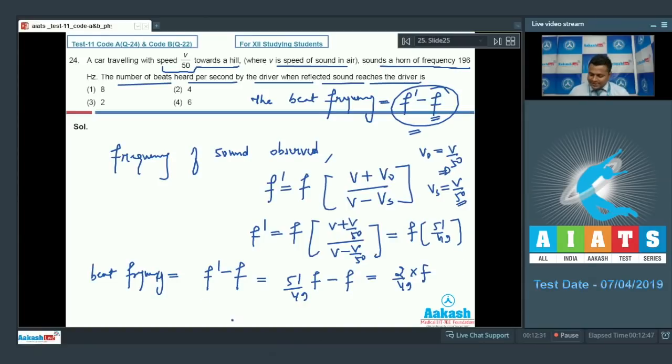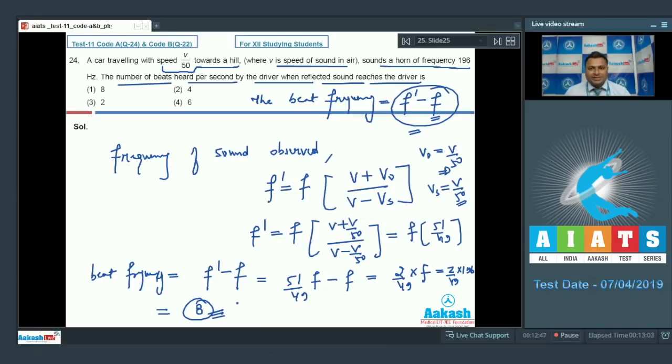Putting the value of actual frequency f, we will get the beat frequency as 2 by 49 into 196, and after solving we will get the value as 8.